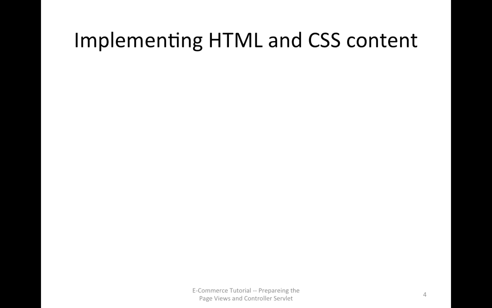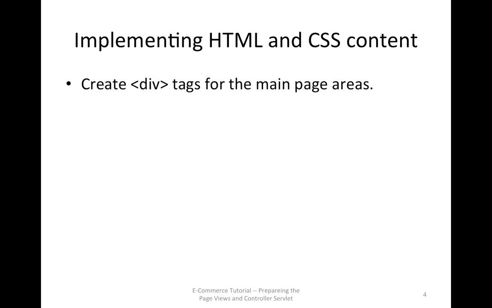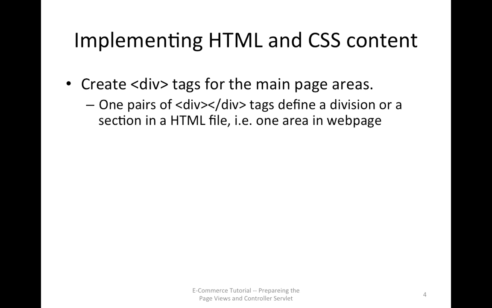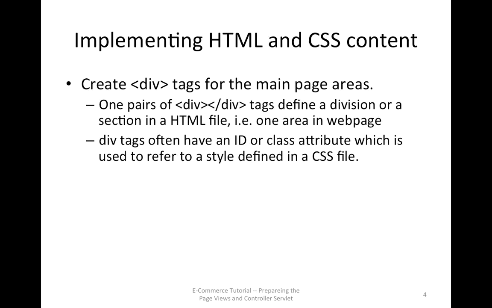Our second task is to implement HTML and CSS content. We first create div tags for the main page areas. One pair of div tags defines one division or one section in an HTML file, that is, one area in a web page.